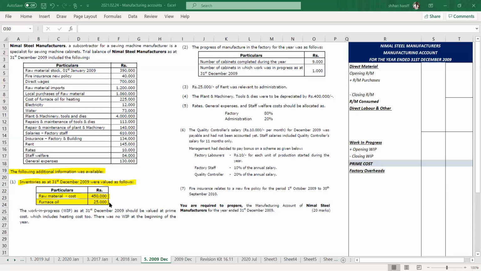So first, let's record the closing raw material, 450,000. Closing work in progress is 450,000. Right here.